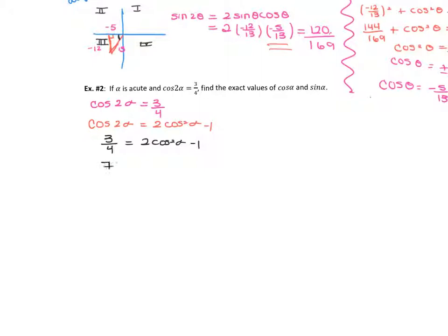You add 1, you get 7/4 is equal to 2 cosine squared alpha. You divide by 2, and you know that 7/8 is equal to cosine squared alpha. You square root, and you get plus or minus.